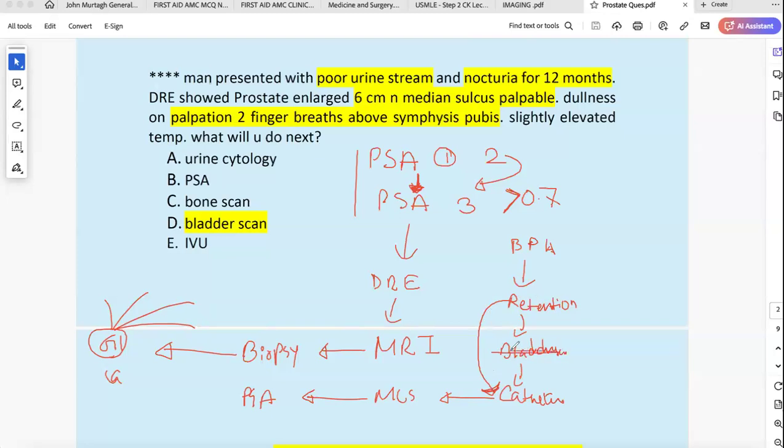That means there is no requirement of doing a bladder scan anymore. Someone who has got retention, you have done the catheterization. There is no option of MCS in your question. So you go directly to PSA.